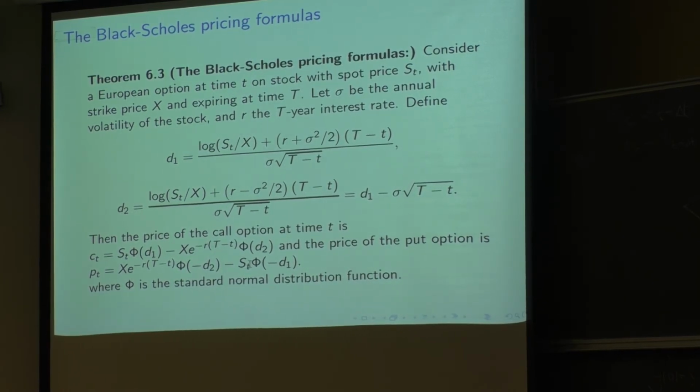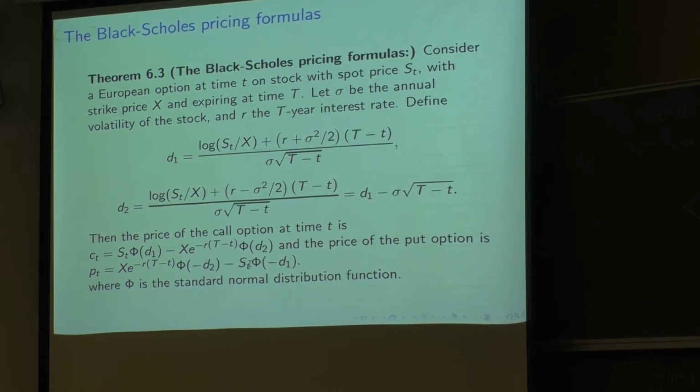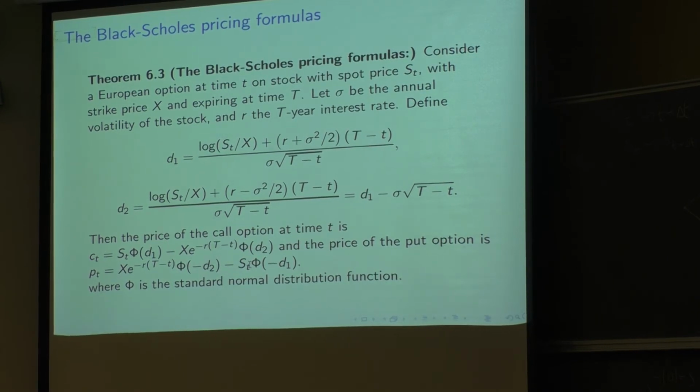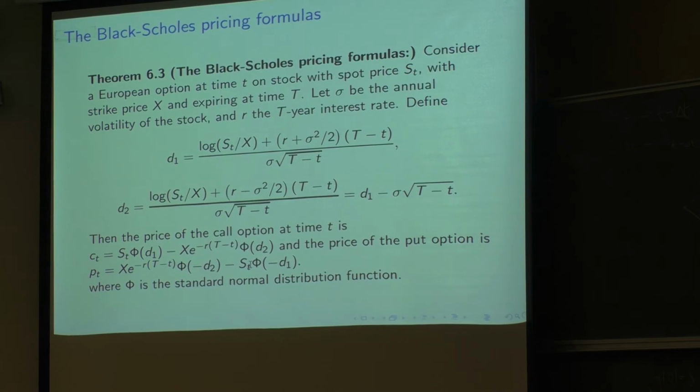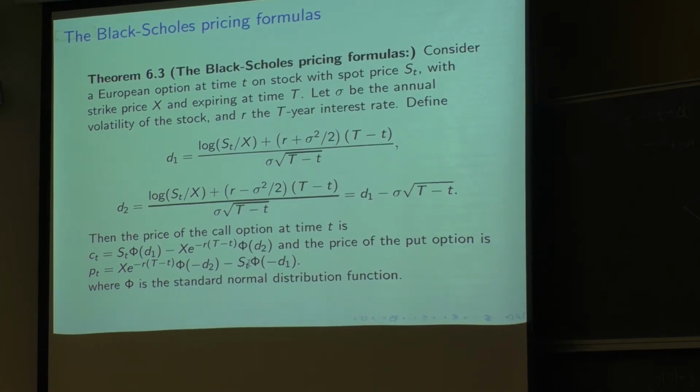But now you should say, why on earth, where is this coming from? And this is coming more or less out of the blue. So what do I have to do to convince you that this theorem 6.3 is true? Let's concentrate on the prices for call options.